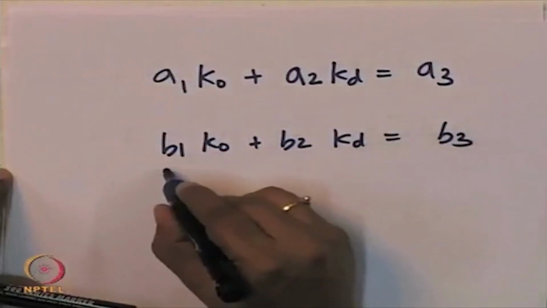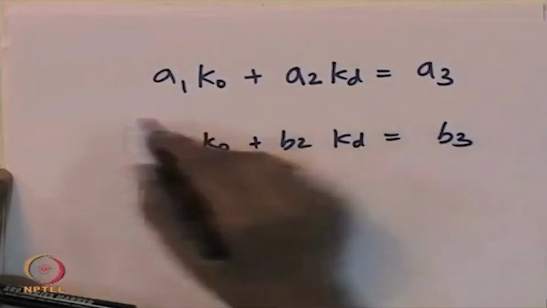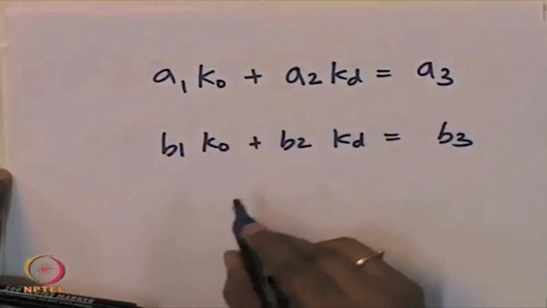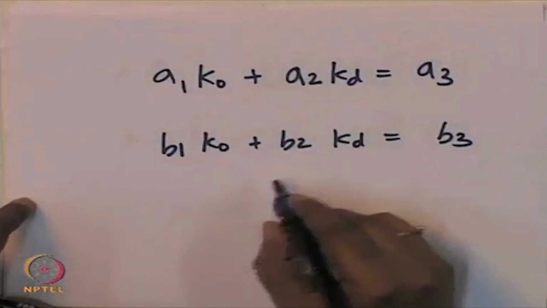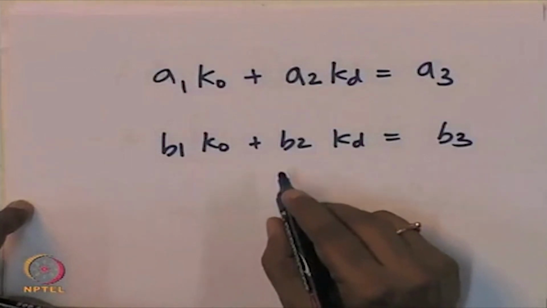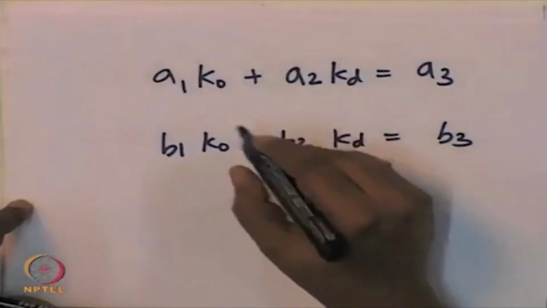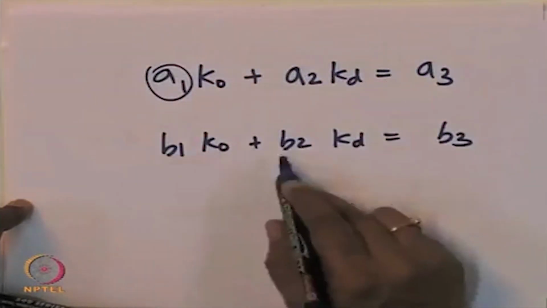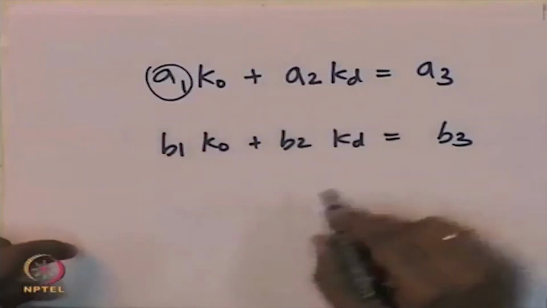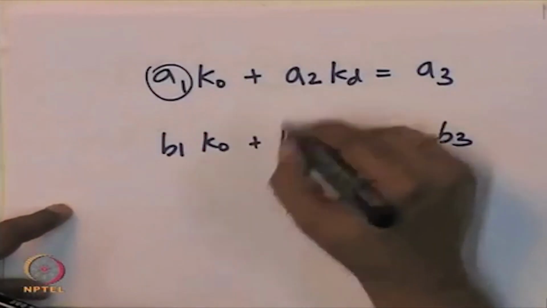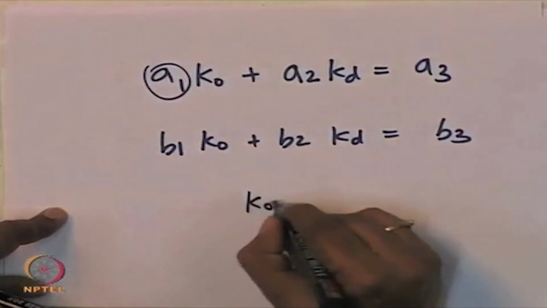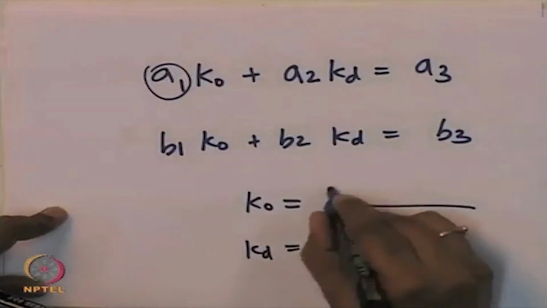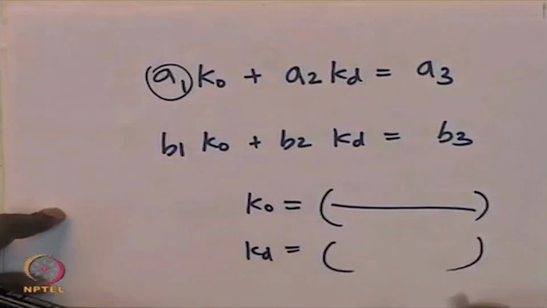So essentially two equations and two unknowns, and A1, A2, A3, B1, B2, B3 are numbers which we can obtain from experimental data. Then we can solve these two equations and two unknowns, and write K0 and Kd in terms of these A and B.